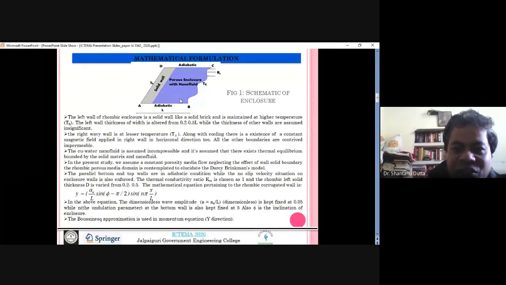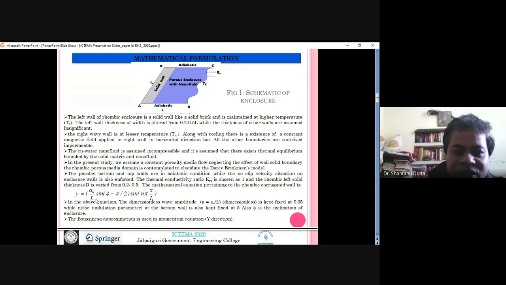This is a Newtonian fluid, and the porous portion of this mathematical model was solved by the Darcy-Brinkman model. Accordingly, we have chosen the thermal conductivity to be 1. The right wall is given a wavy structure, and this is the equation of the right wall.